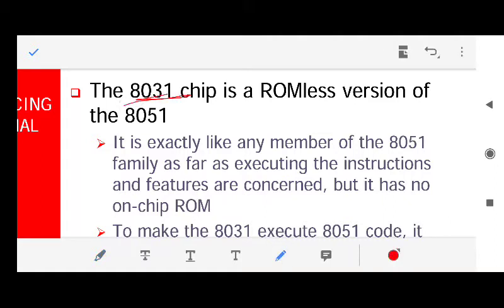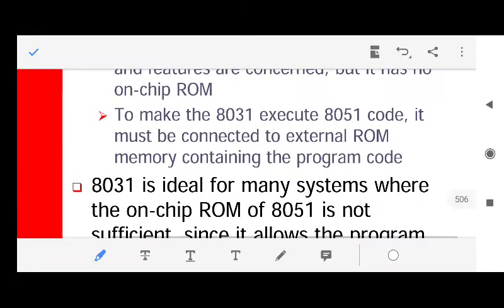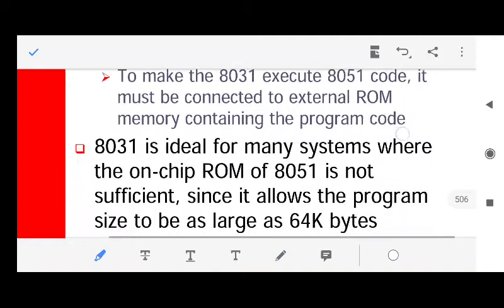And there are other ICs like 8751, which has a large amount of ROM on the IC. So depending upon the type of internal ROM the 8051 has, you have to connect the external memory accordingly. Fine.